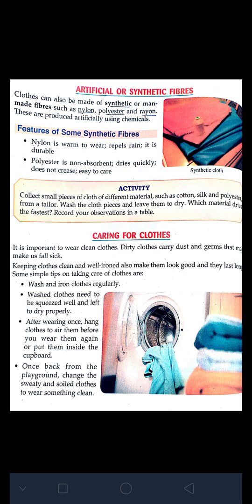These are chemically made fibers. Examples of artificial or synthetic fibers are nylon, polyester and rayon. These are produced artificially by using chemicals.